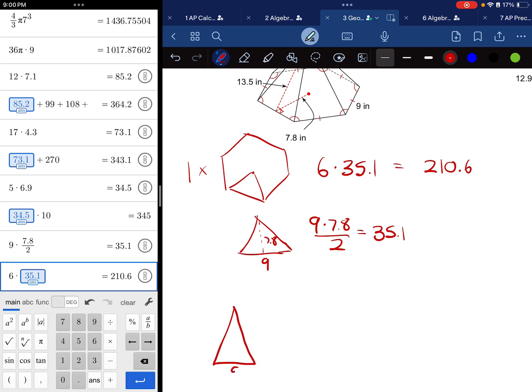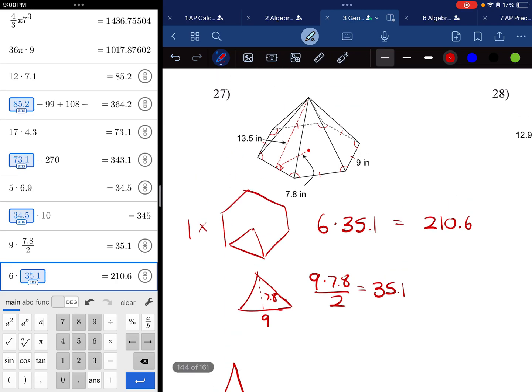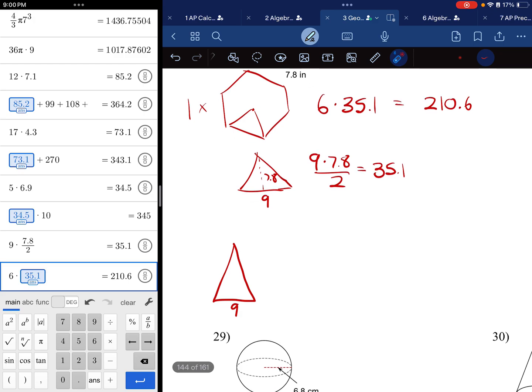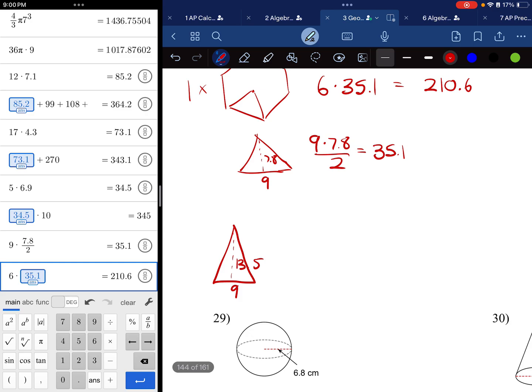All right, next I have these really long triangles. They have a base of 9 that I already discussed, and they have this height right here of 13.5. So I'm going to come down here and say this is really a height of 13.5. How many copies of this? It's a hexagon, so we have 6 copies of that, right? So this is going to be 6 times the area of the triangle, base times height divided by 2.